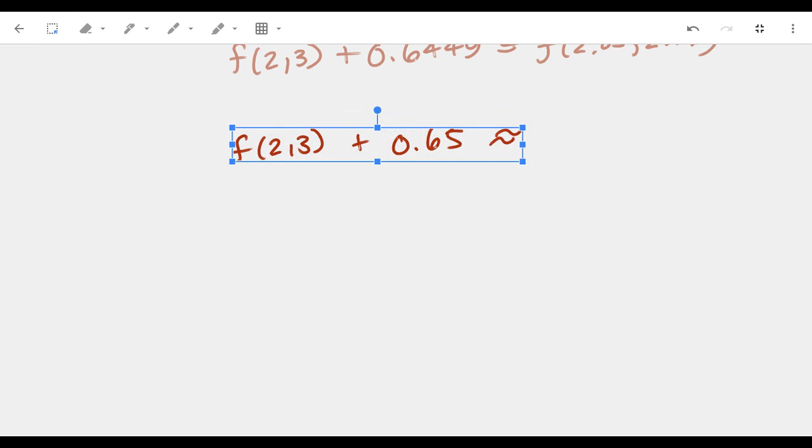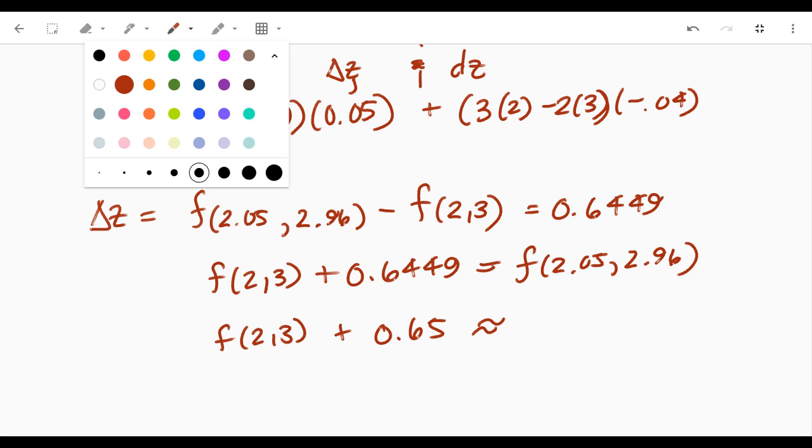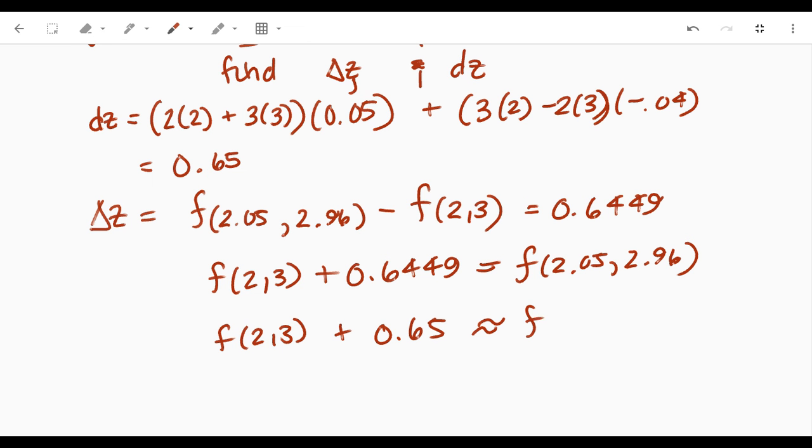And that will give me approximately f of 2.05, 2.96. So your differential is really just how much you add on from where you're beginning to get to your approximation. It's just another way of looking at it.